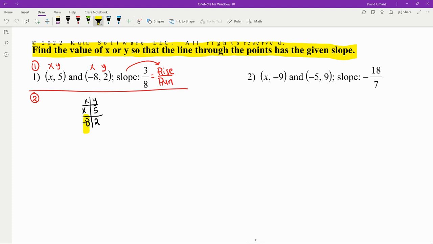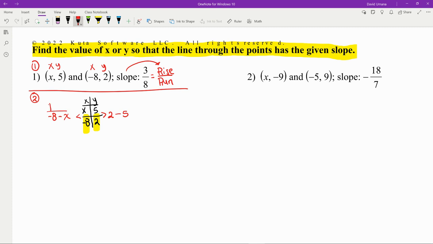I will purposely highlight the bottom number because what I will do next is subtract. I want to write the bottom number and take away the value of the top number.